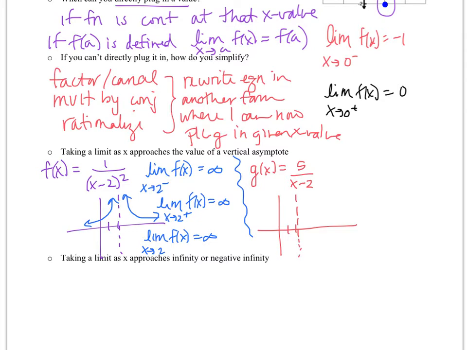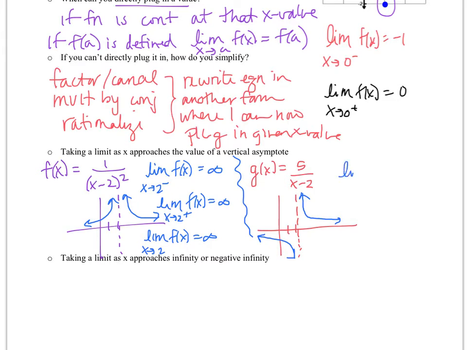However, because my factor is not being squared, as I plug in values around that vertical asymptote, I'm going to see my graph not always being in the same regions. So if I plugged in 1, for example, I would have a y value of negative 5. And so that would have my graph looking like this. If I plugged in 3, I would have a y value of positive 5. And in that case, my graph would look like this.